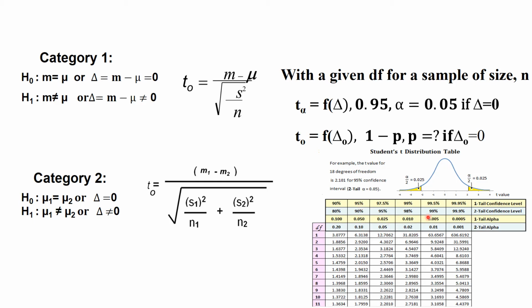These results were obtained by statisticians. They studied different samples from different populations with respect to, let's say, the mean. If it's a chi-square test, for example, for percentages, then we have the chi-square table.